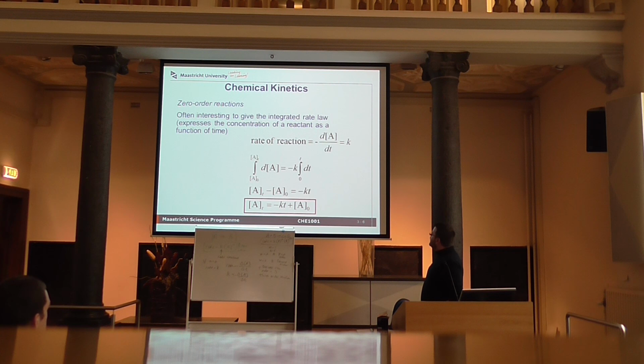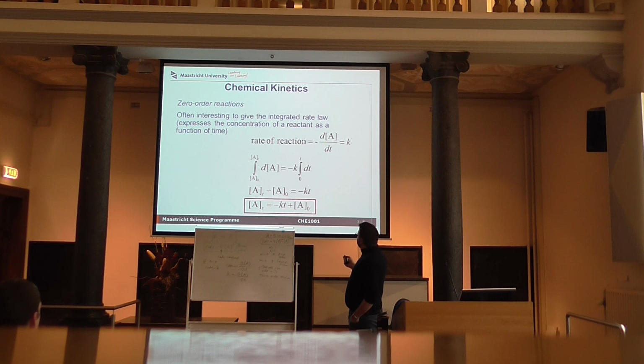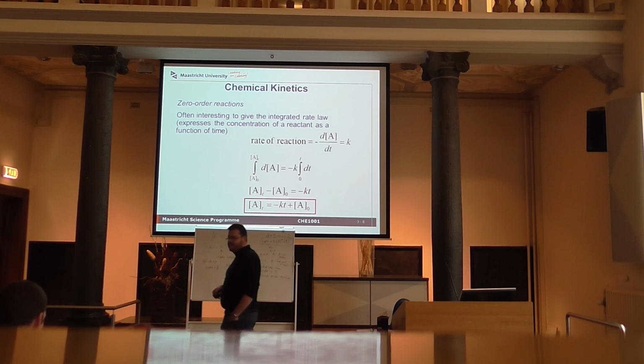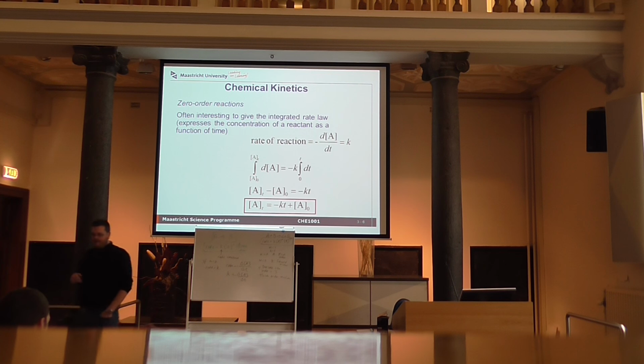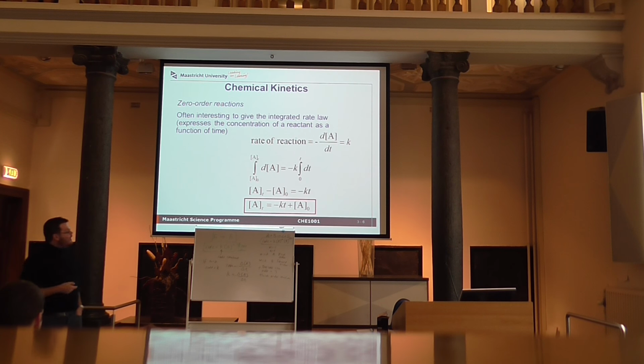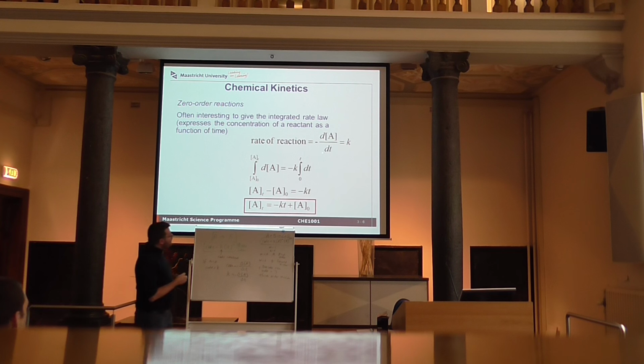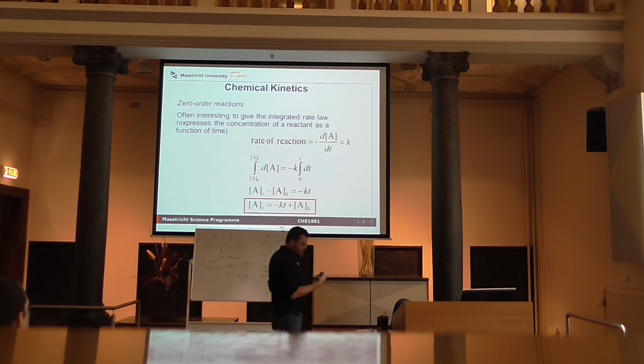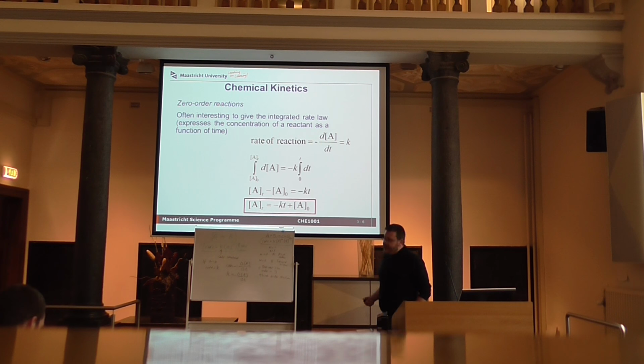Now what we have here is basically, let's just look at this in a more formal way. The rate of the reaction is minus what I've just written there. Okay, I've used the delta there. But remember, in calculus, we can replace the delta with the d for a differential. Is everyone familiar with this? Okay. So the rate of the reaction is negative dA over dt, which equals K, per definition.